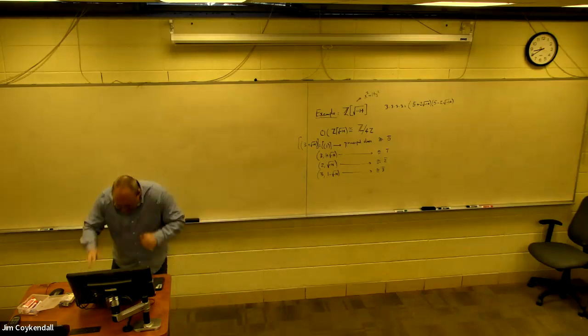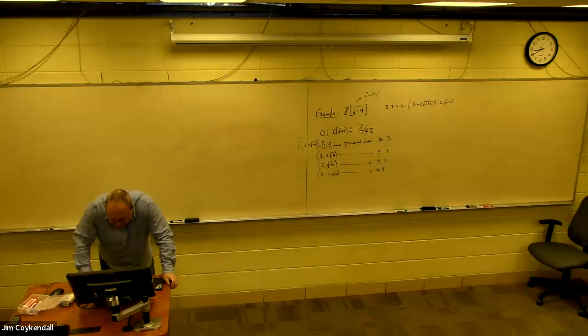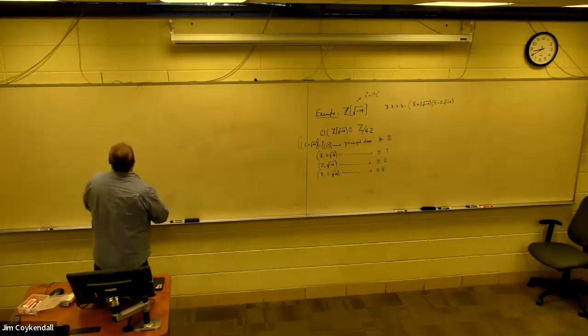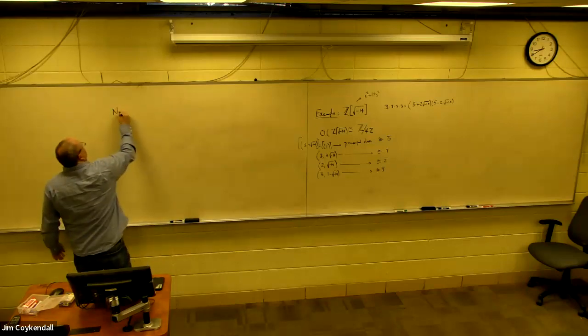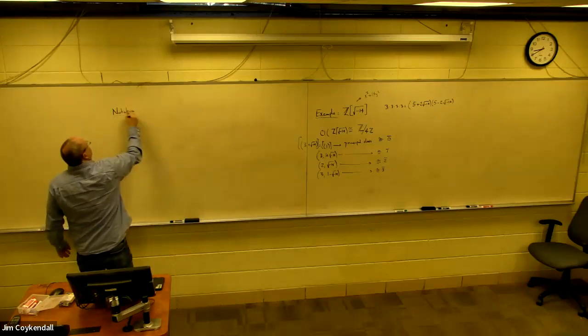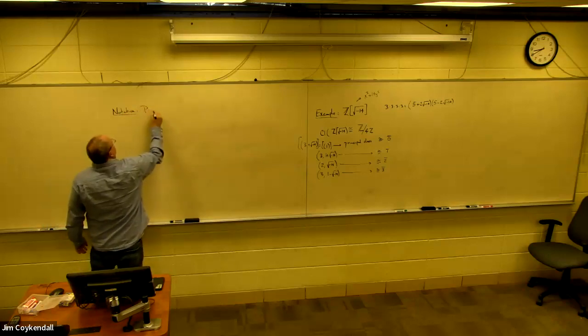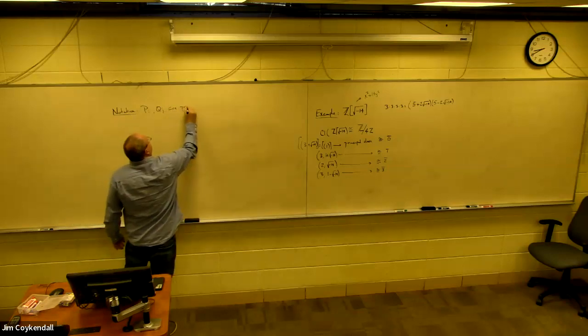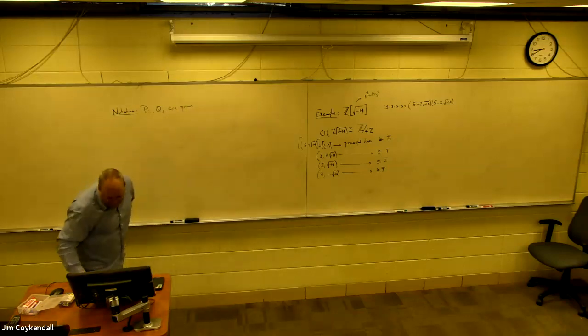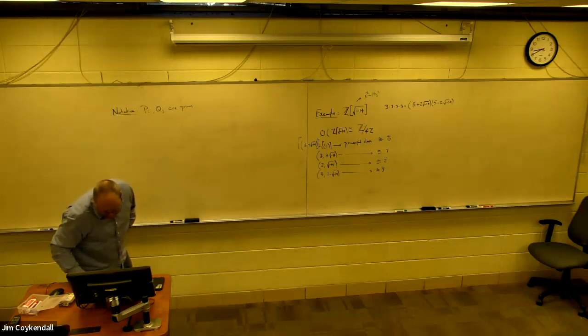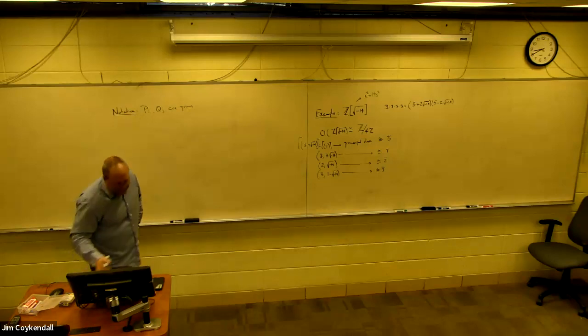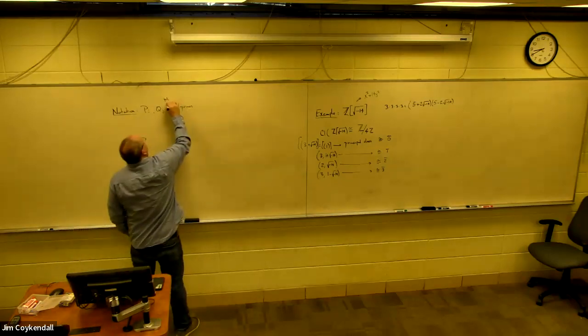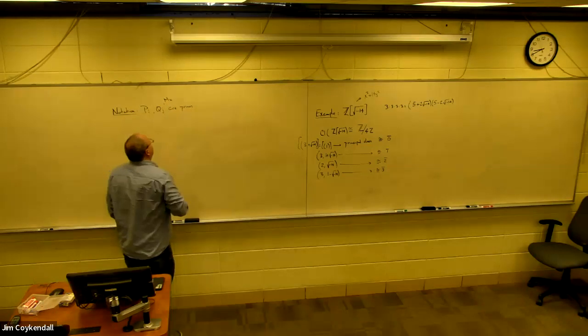Let's look at, right. So in my notation, for this example, P_i, Q_j are primes. So whenever I use subscripted P's and Q's, and N_k are primes.